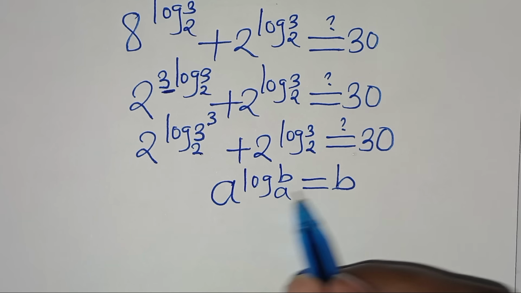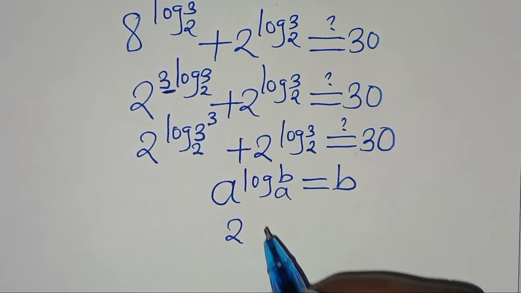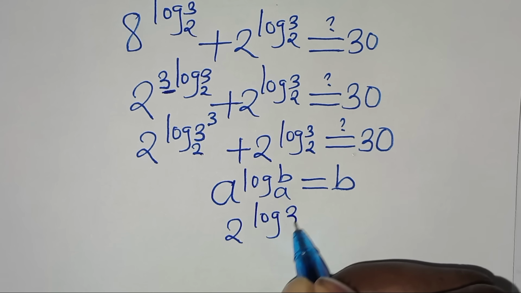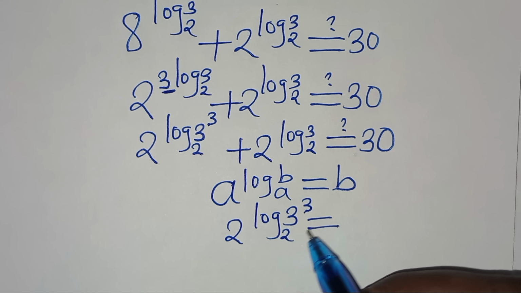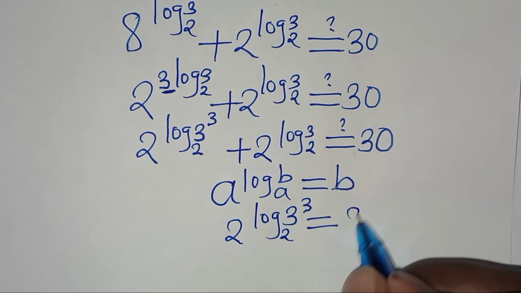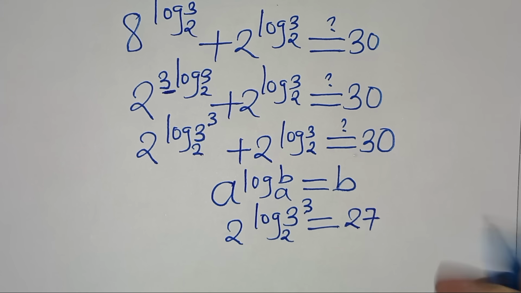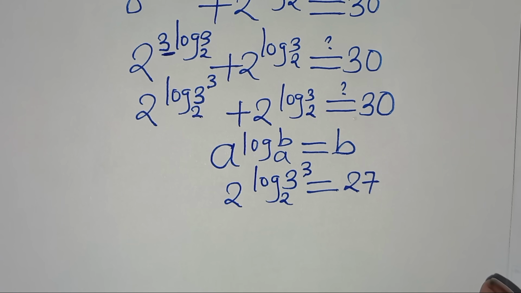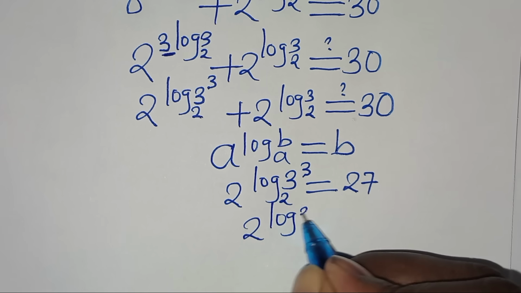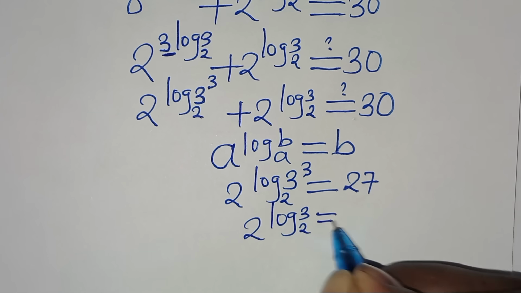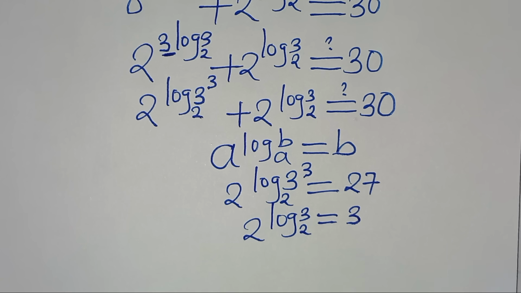So let's apply this property, so that 2 to the power of log 3 to the power of 3 to base 2 gives us 3 to the power of 3, which is equal to 27. And 2 to the power of log 3 to base 2 gives us a value of 3.